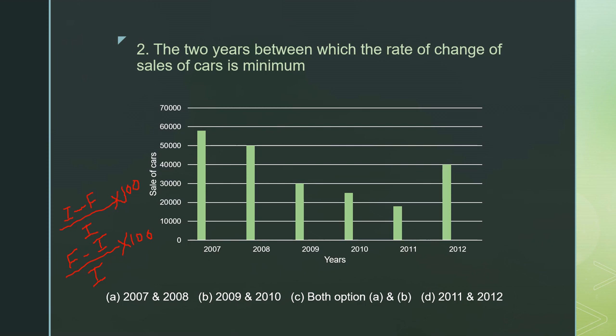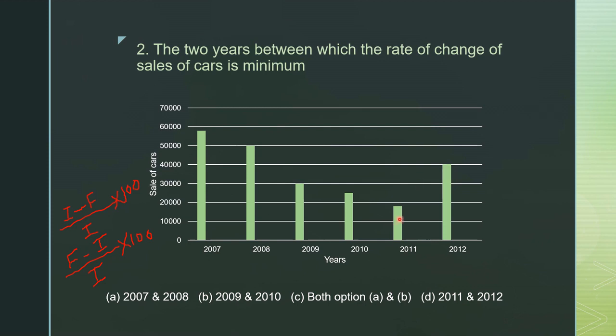So this is the second method. In these two options the final value is less than the initial value, so we can easily follow the first method, that is the initial value minus final value divided by initial value into 100. But in the last case the final value is greater than the initial value.